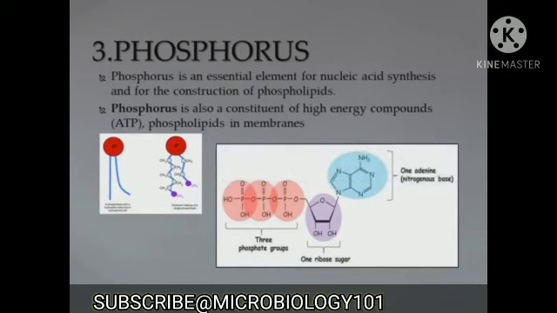Phosphorus is a constituent of the high energy compound ATP, adenosine triphosphate. There are 3 molecules of phosphate in ATP, 1 ribose sugar, and an adenine group. And this ATP is synthesized by all microorganisms that have the capability to metabolize food substances from carbohydrate, amino acid, and lipid.